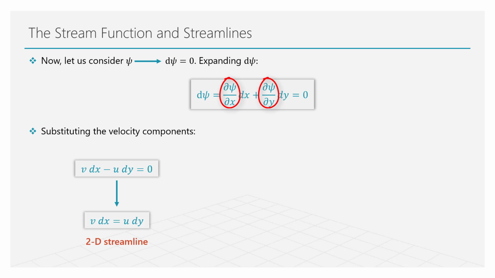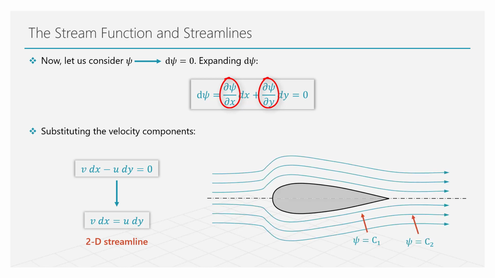It is in fact the equation that defines the streamline in a 2D flow. Streamlines describe the direction of the motion of a fluid. Since the function we introduced defines a streamline, it is referred to as the stream function. It can also be proved that for the potential flows, stream function also satisfies the Laplace equation. I will let you do that.